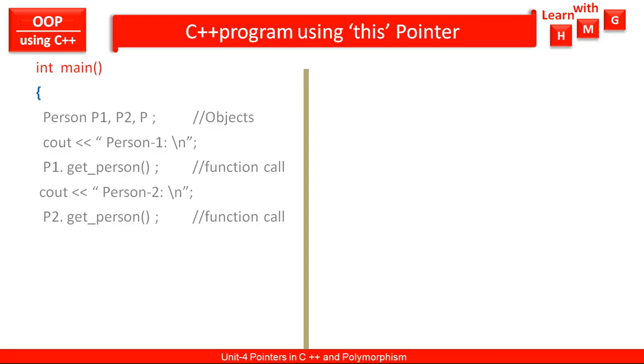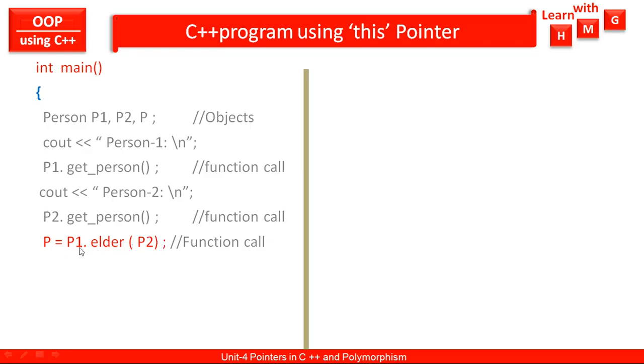Now let us pass p1 and p2 to the elder function like this, p1.elder(p2). Here p1 is calling the elder function, so p1 is the calling object and p2 is passed as an argument, so p2 is acting as the argument object.